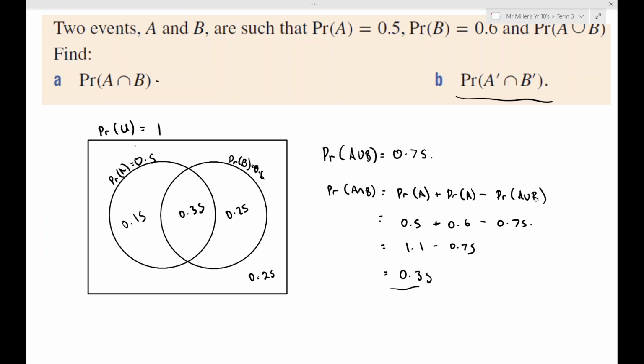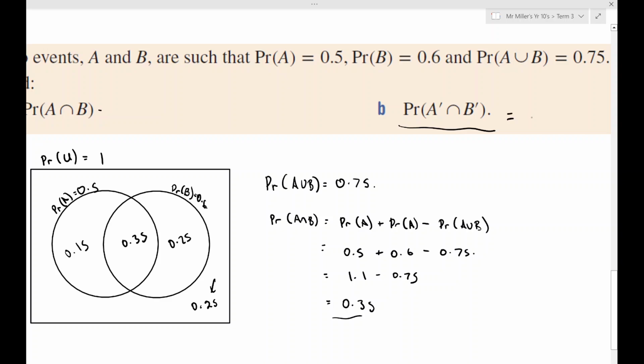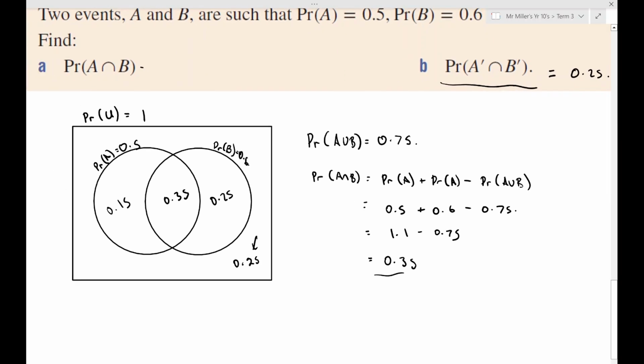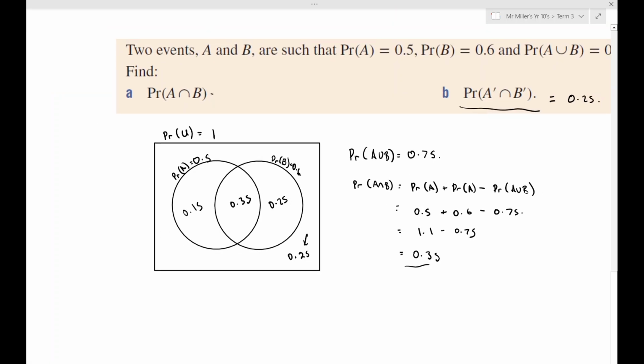So the only region that is not A and not B is this outside border region. And we saw previously that was 25% or 0.25. Or it's just the total subtract the union, and that'll leave us with the border space.